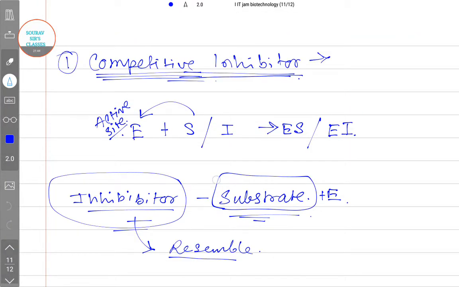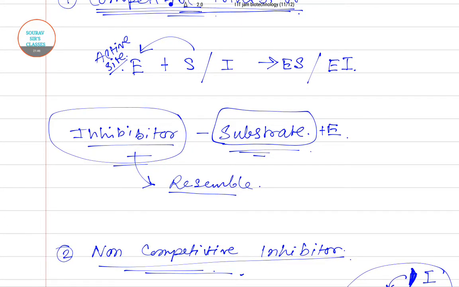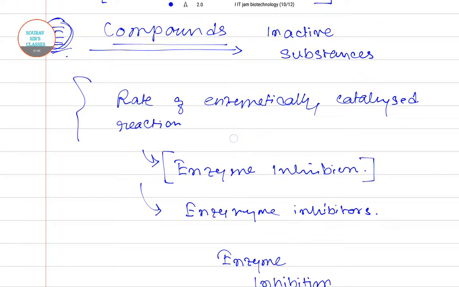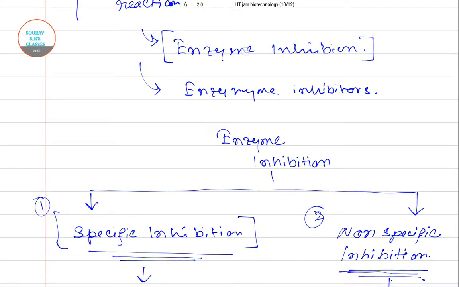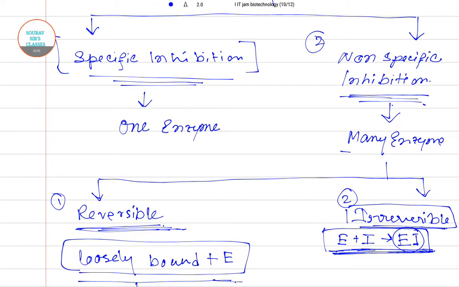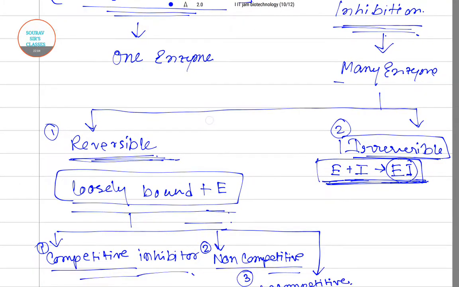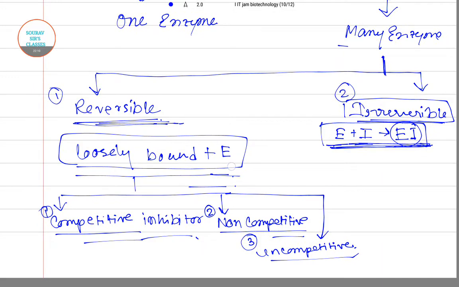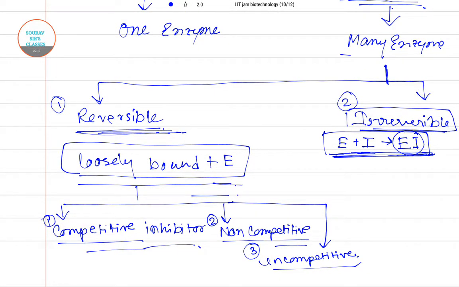Going to the first page, this is the flowchart. First there is specific inhibitor and non-specific inhibitor. I have told you the difference between them.